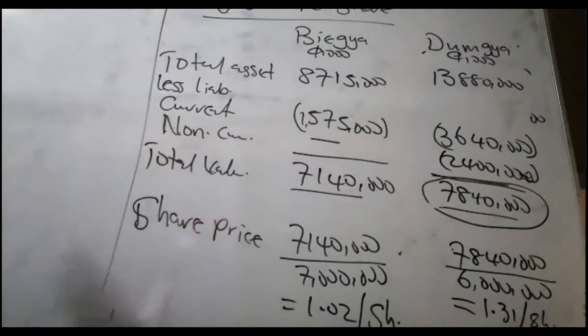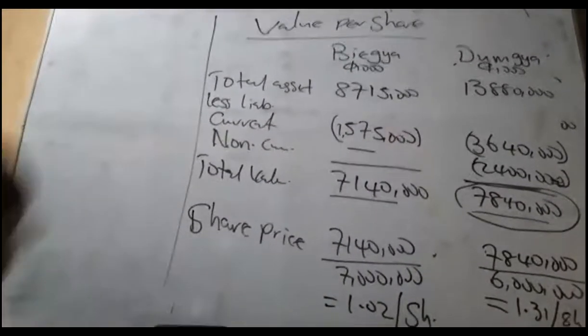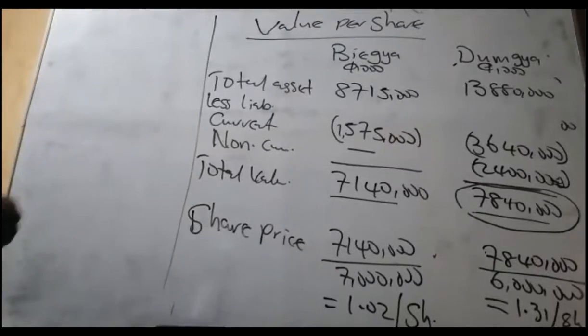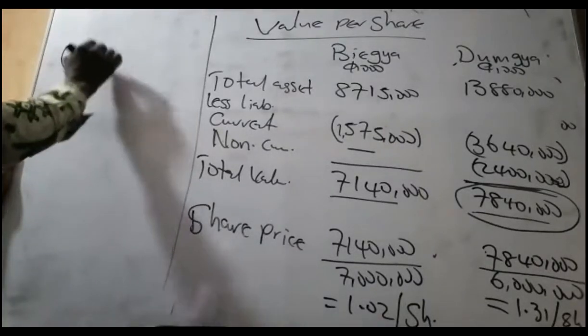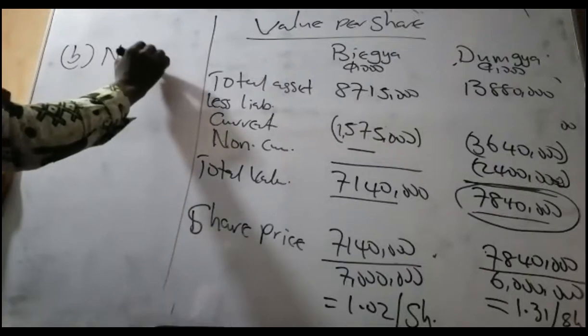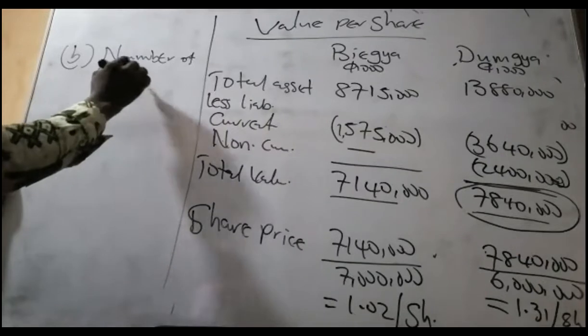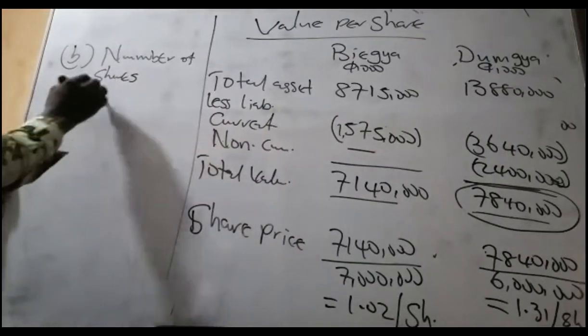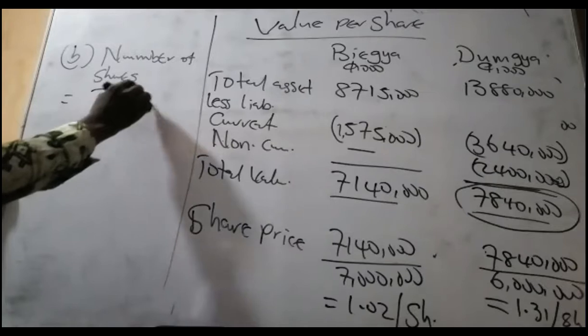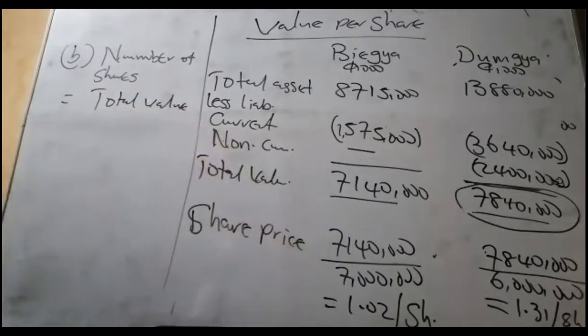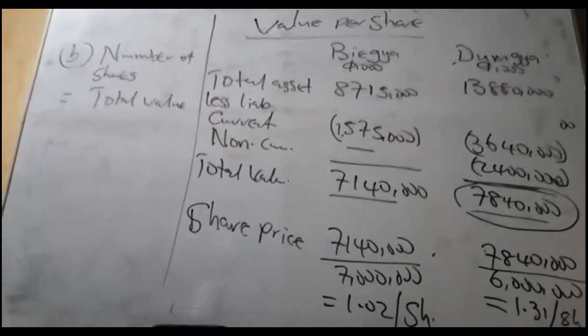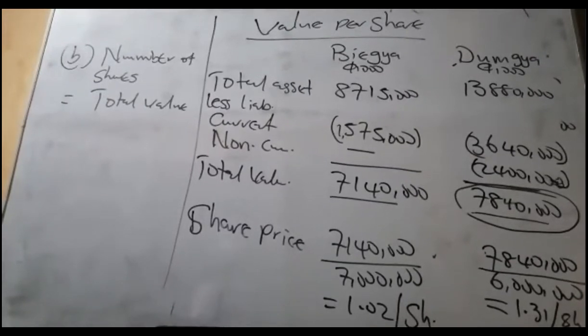So let's write some formula for B here. The B part, number of shares. So number of shares will be equal to the total value of the victim or the target.